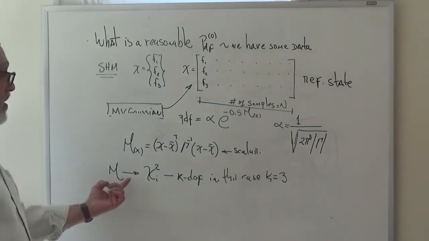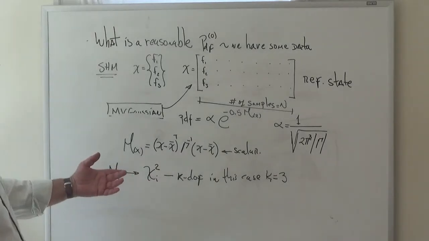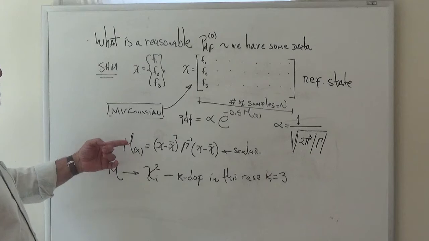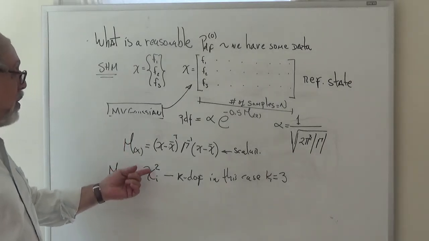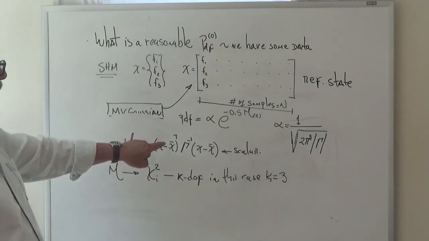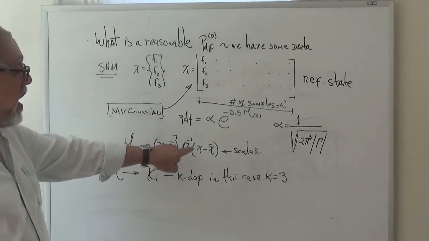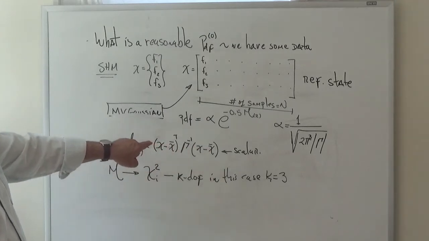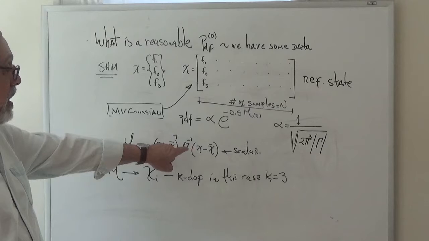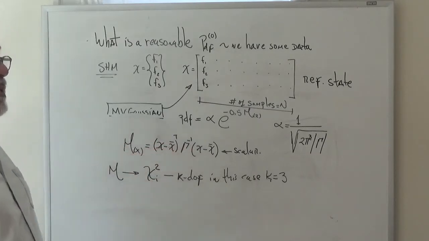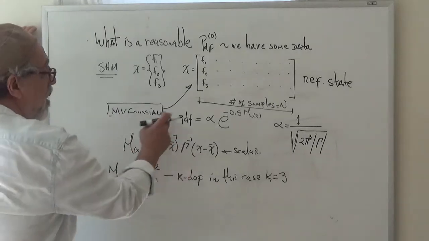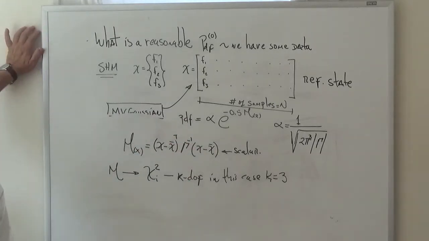So the chi-square distribution is just a distribution that is followed by the square of values that come from a Gaussian and who have unit variance, right? The fact that this is with an inverse here normalizes this to unit variance.